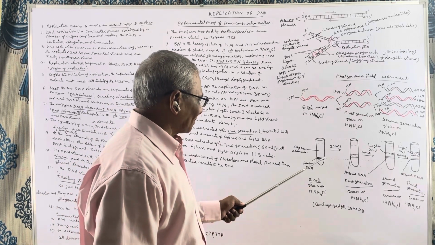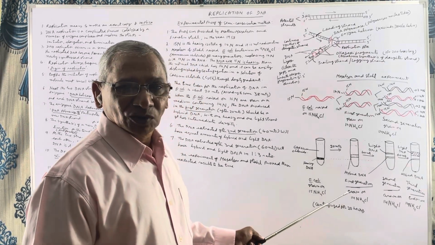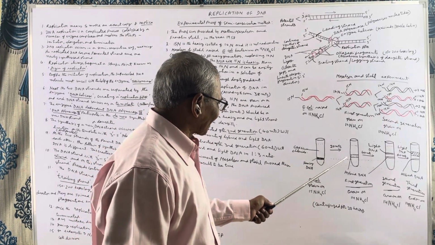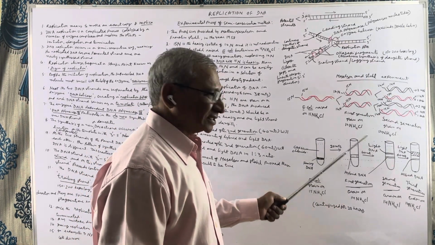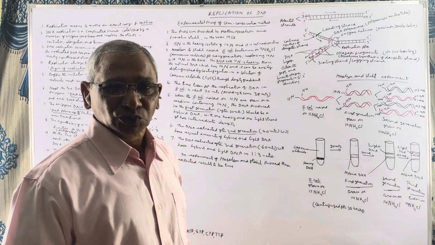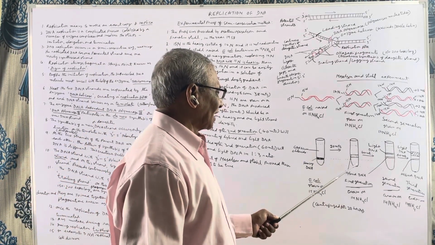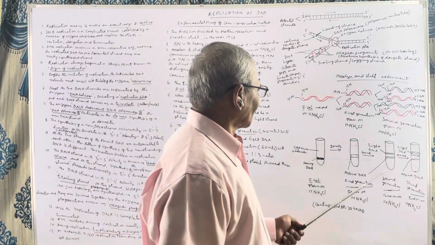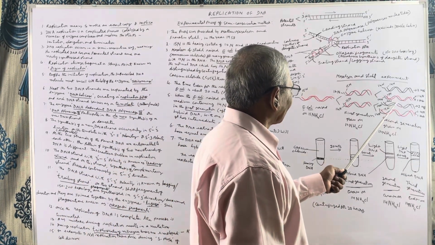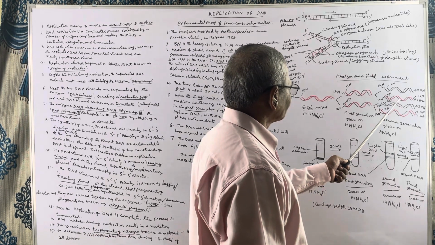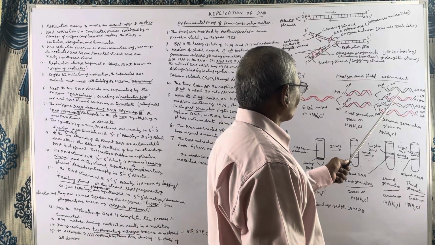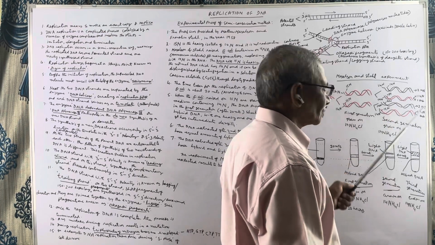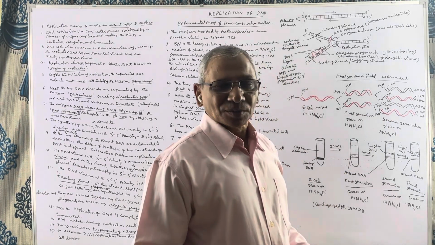This is heavy because it has 15N. It is lighter than this one because it is a hybrid DNA in which one strand is having 15N and other strand is having 14N. If the DNA is analyzed after 40 minutes, G1, here you find two lighter DNA molecules and two hybrid DNA molecules.